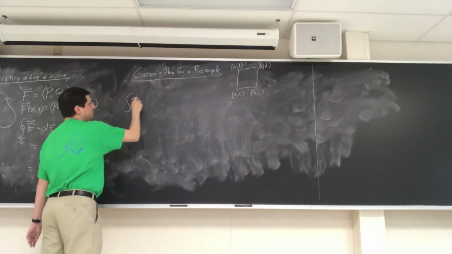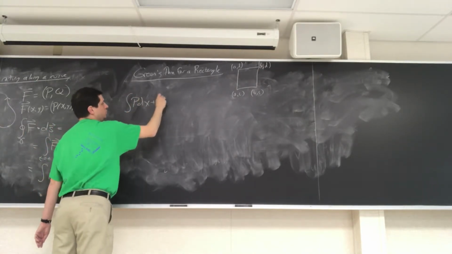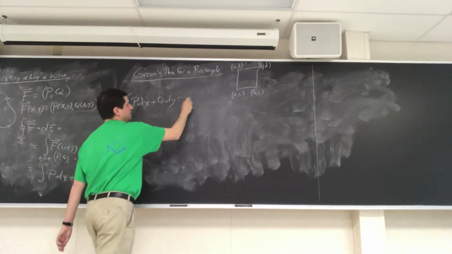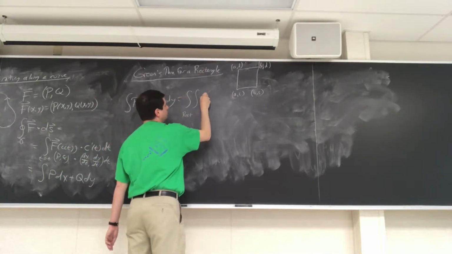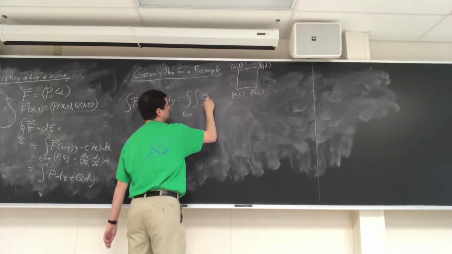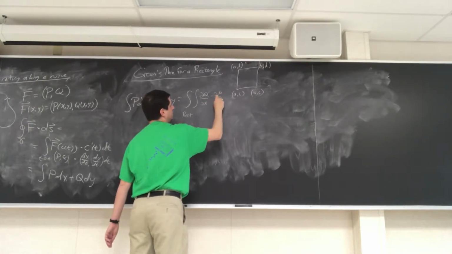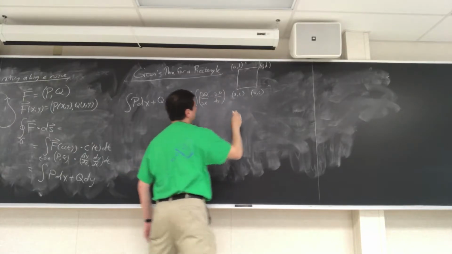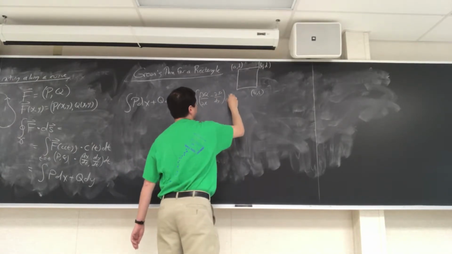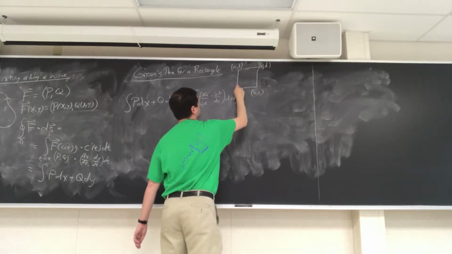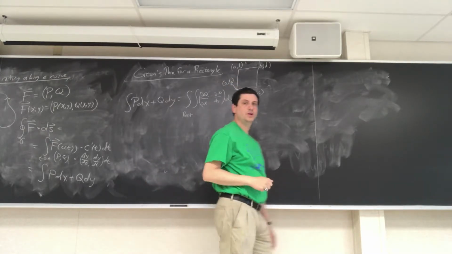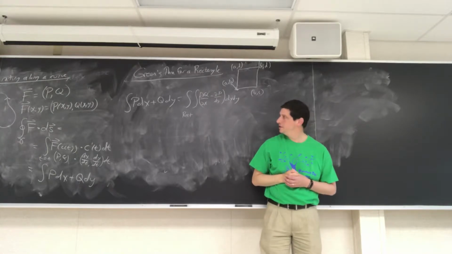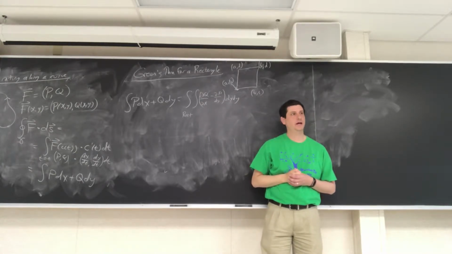So the integral of P dx plus Q dy is the double integral over the rectangle of dQ/dx minus dP/dy dx dy. So this double integral is the same as this line integral.